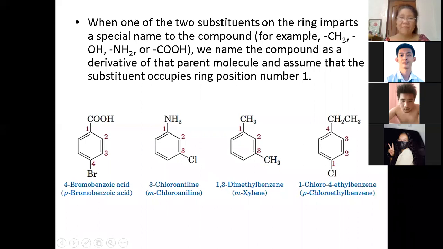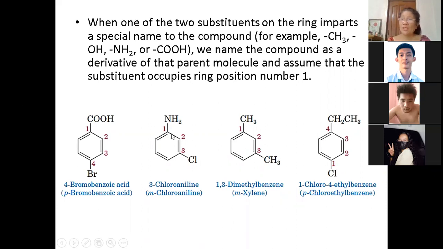Listen. You could not start counting carbon 1 here, then proceed 2, 3, 4, 5, because then your chloro is far away. The counting should be nearest to your parent name. Your parent has position number 1.